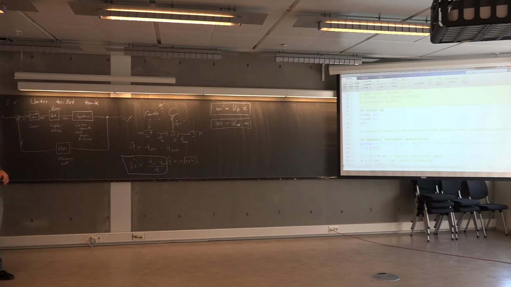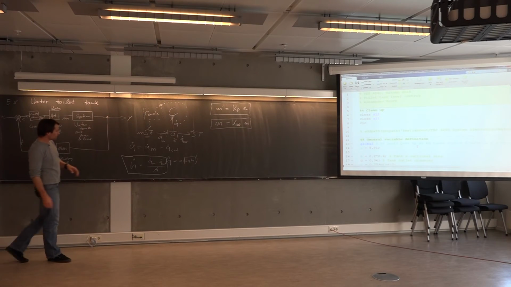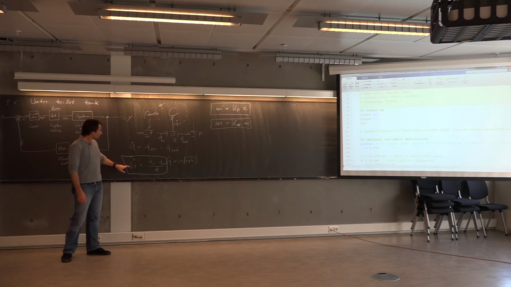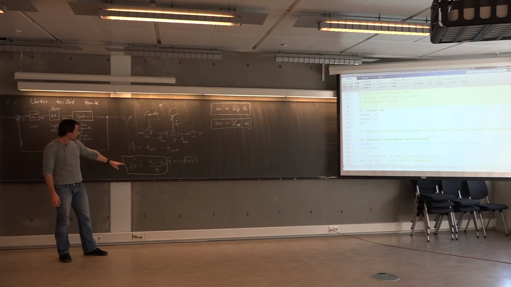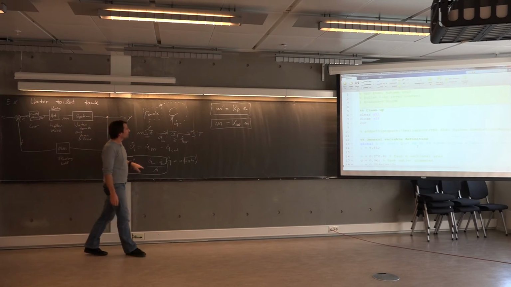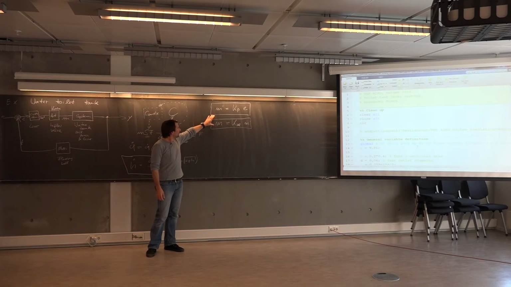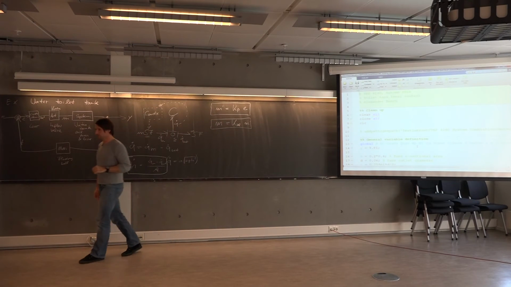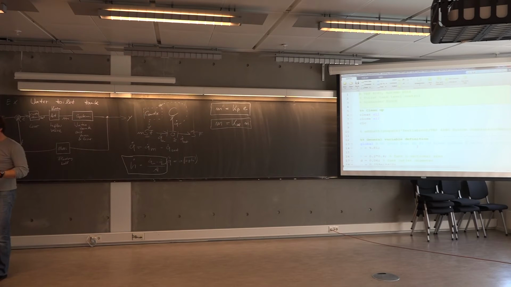So if we try to implement this here in Matlab, we have an expression for the change in water height and an equation based on these two relationships, and we can actually solve this problem and control the water level.